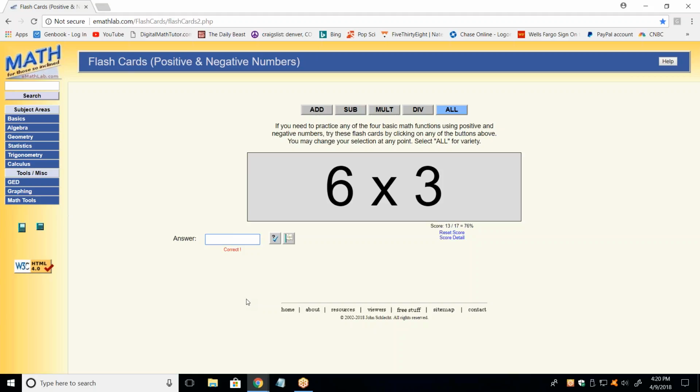5. The first number is 5. The way to do this, first of all, this is 6 times 3. So it's 6 times 6, or excuse me, it's 6 plus 6 plus 6. That's what 6 times 3 means. So would the first number be?